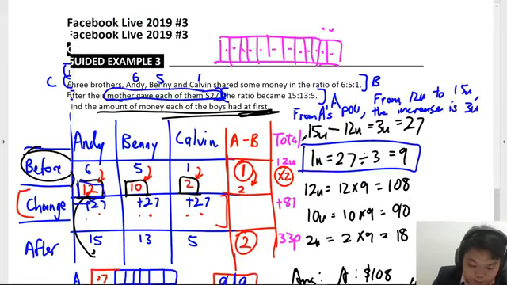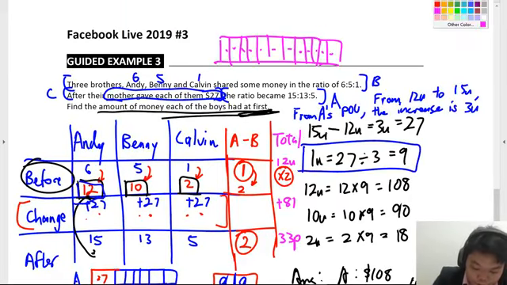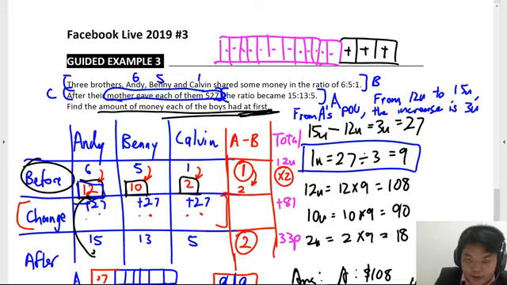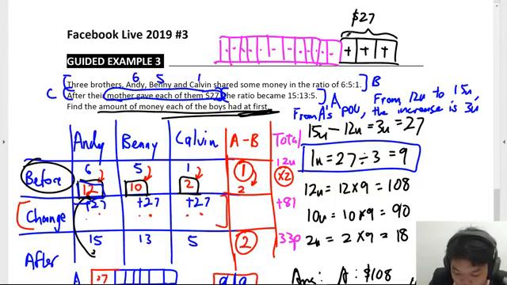From 12 units, right? If you increase this to 15 units, how many units are you adding on? You are adding on these 3, correct? And what was the change over here? It came from the mother. The $27 that came from the mother must have been this increase. You have to form that connection.